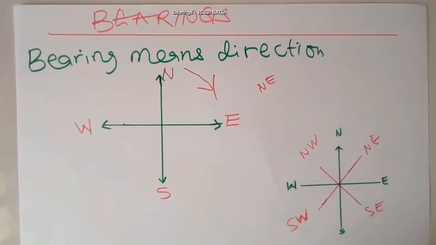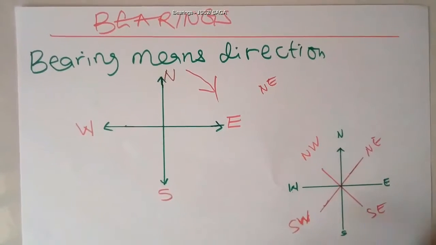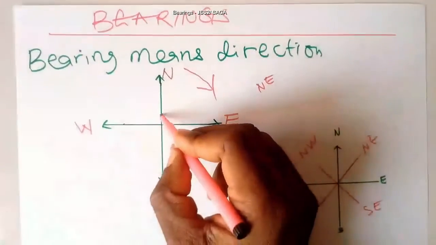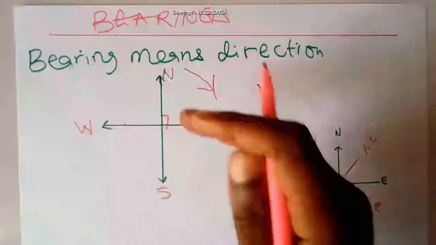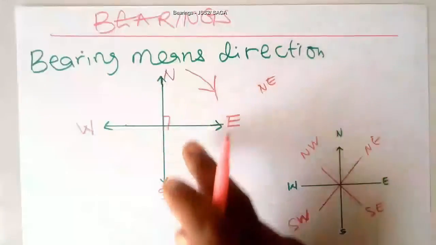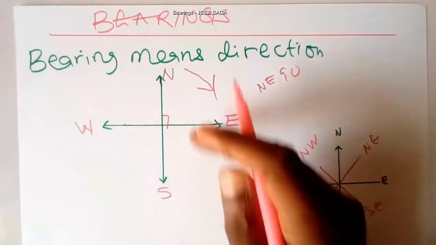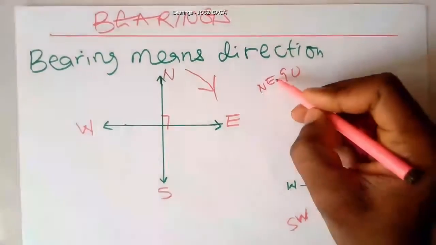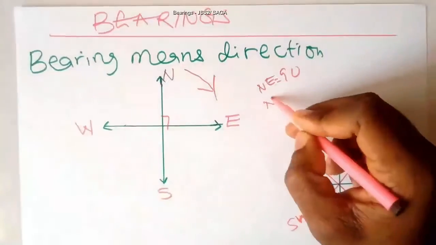If you remember your shapes, as in angles, this is a right angle triangle. Which means from north to east is 90 degrees. If from north to east is 90 degrees, then from north to south, we are looking at two right angle triangles.